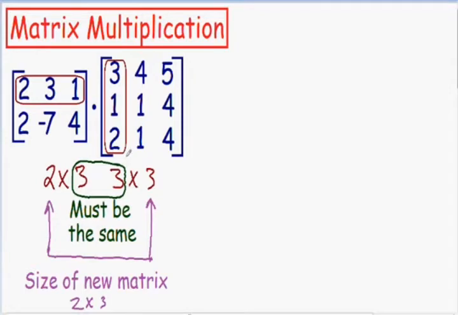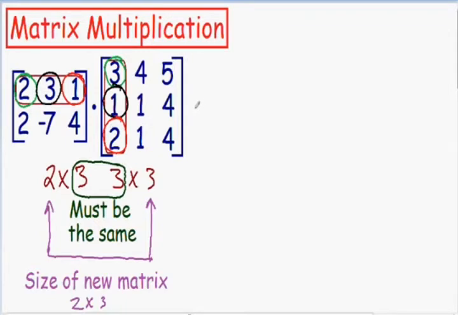To make things easier to see, I'm going to circle the first number in the row and the first number in the column in green, the second number in each in black, and the third number in each in red.